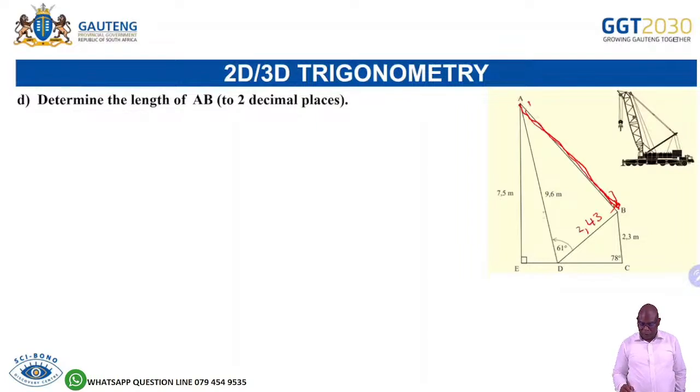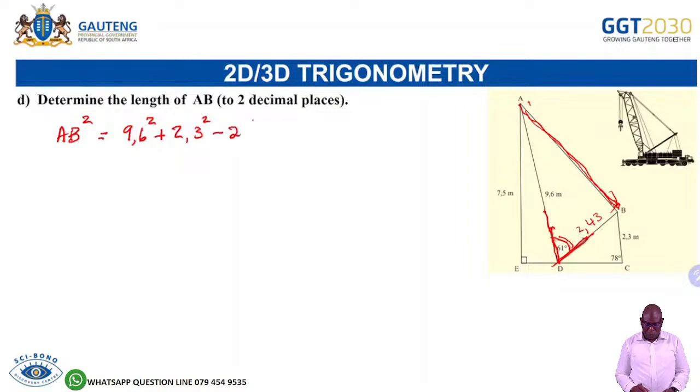No, but what do I have? This side, the angle, and that side. So I have a cosine rule that can be applied when I've got this side and that side and the angle in between, SAS. So I can now say AB squared will be equal to 9,6 squared plus 2,3 squared minus 2 times 9,6 times 2,3. Is it 2,43? Sorry.